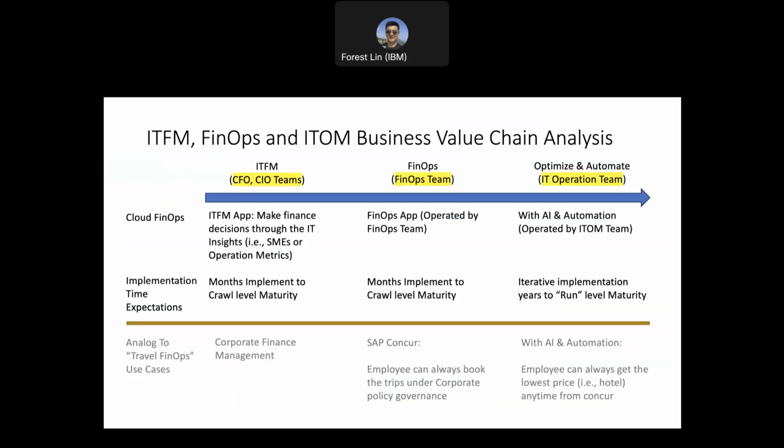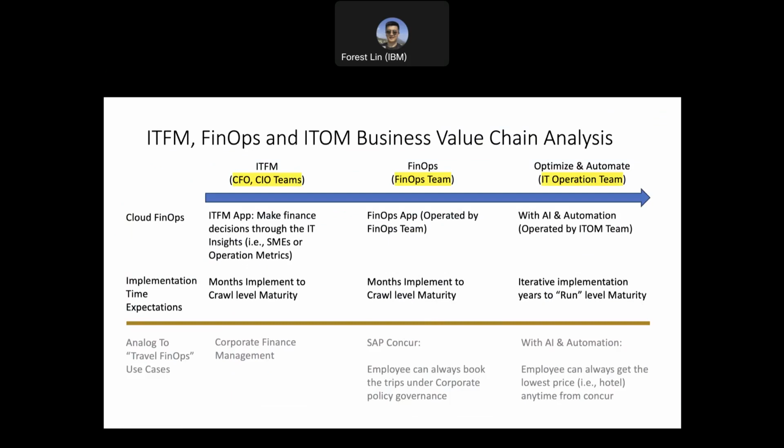If we go back to the slides in the previous page, using SAP Concur as an example, if SAP Concur just calculated the hotel price without the precise price for the tax, different levels of tax, is this kind of software acceptable for travel FinOps?